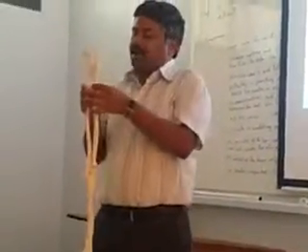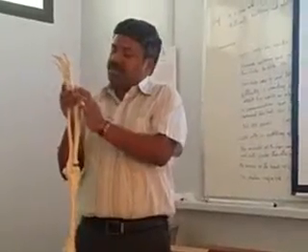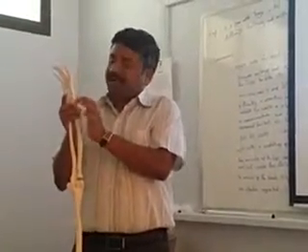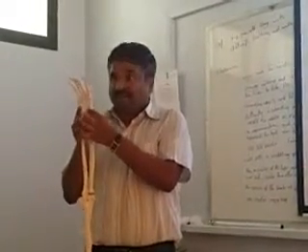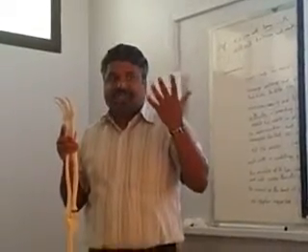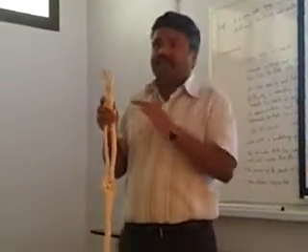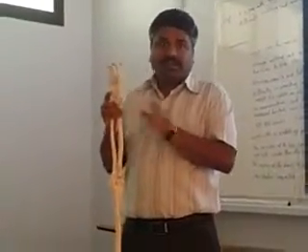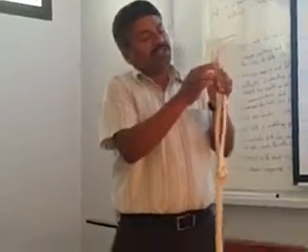Then the carpometacarpal joint of the thumb, between the trapezium and the base of the first metacarpal bone, is a saddle variety of synovial joint, having all the movements: flexion, extension, abduction, adduction, circumduction, and opposition. Clear? And then we have these joints now.